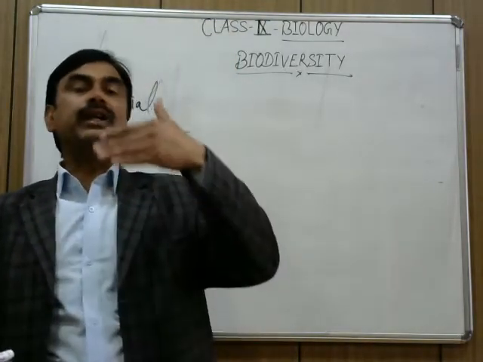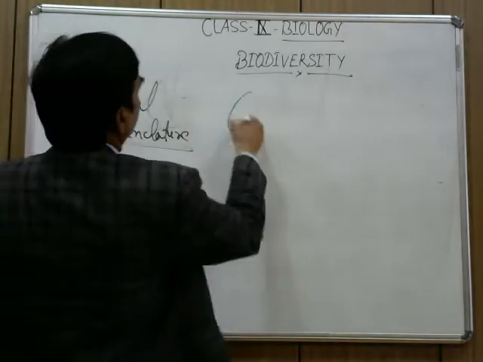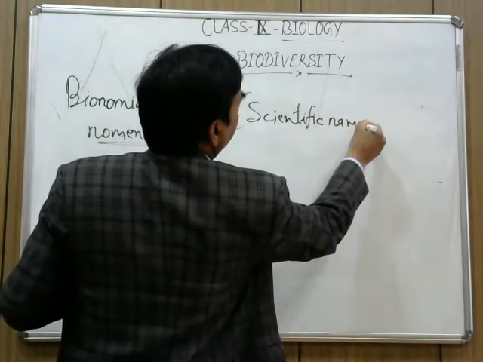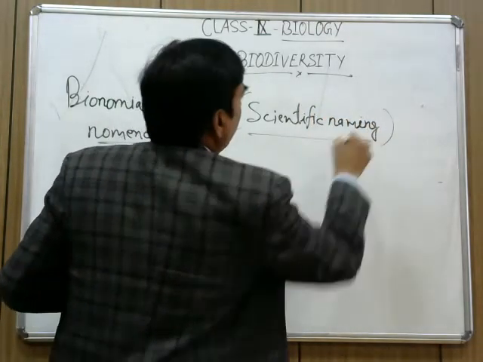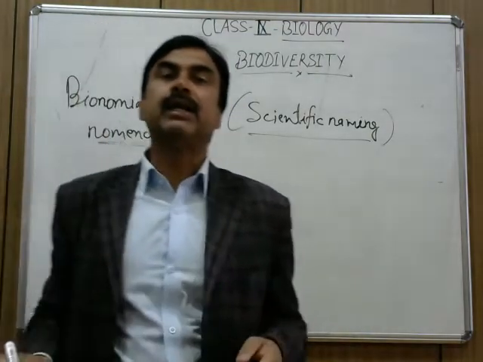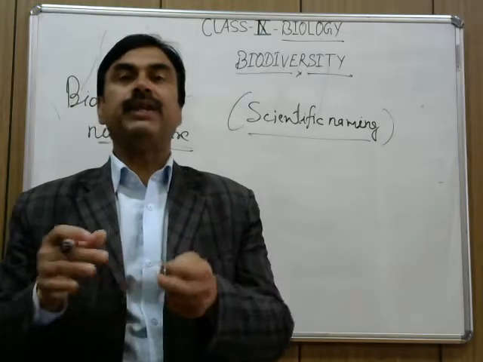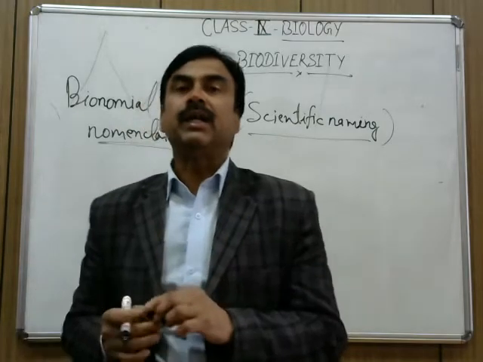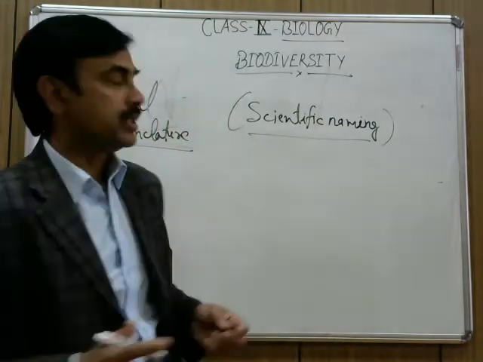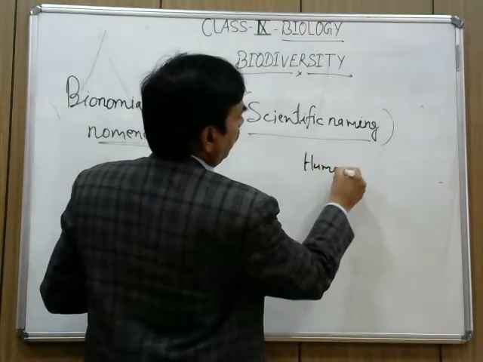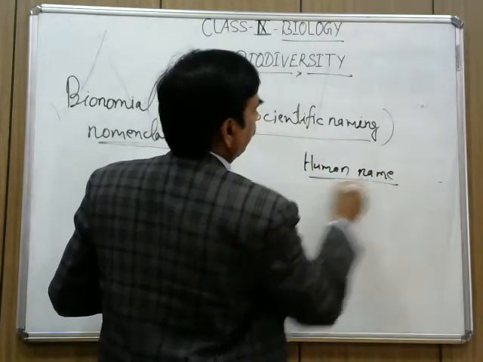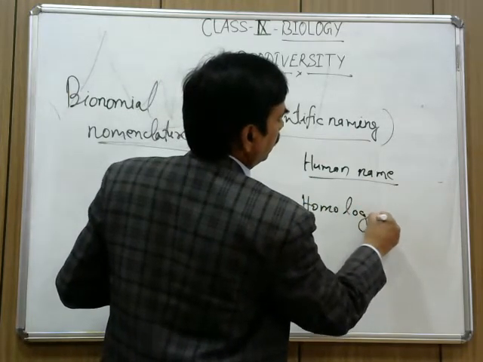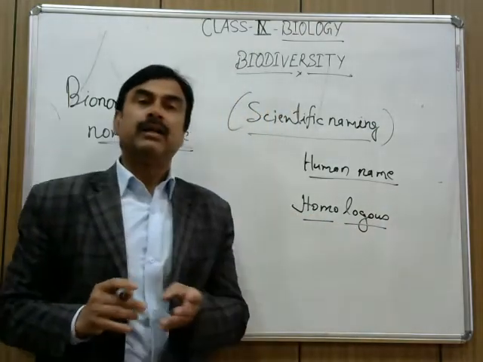In scientific naming, every plant and animal is known by its scientific name, and universally one name is there, like the human's scientific name. So there are scientific names.